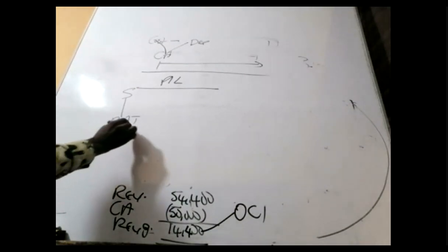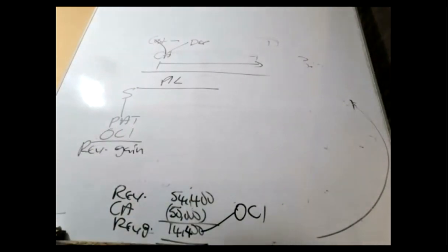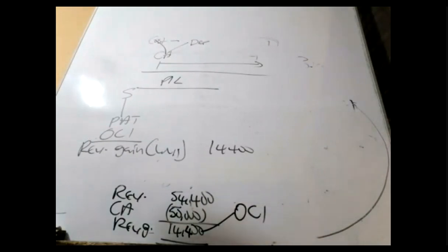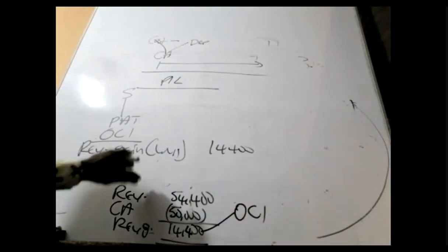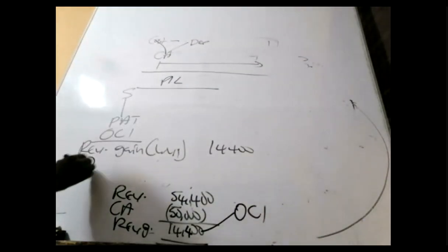Then you move on to, let's say, OCI, other comprehensive income. You write here revaluation gain. The gain is 14,400, under workings number something. Okay, fine. You've seen it. When there's a deferred tax, wherever the gain is going, let the deferred tax follow it. Write here deferred tax.